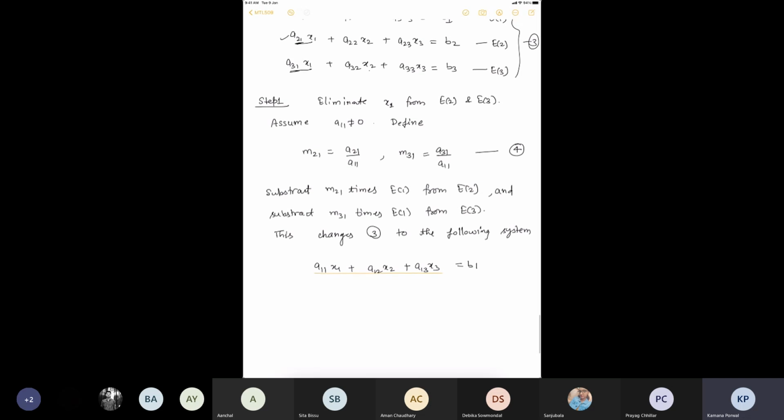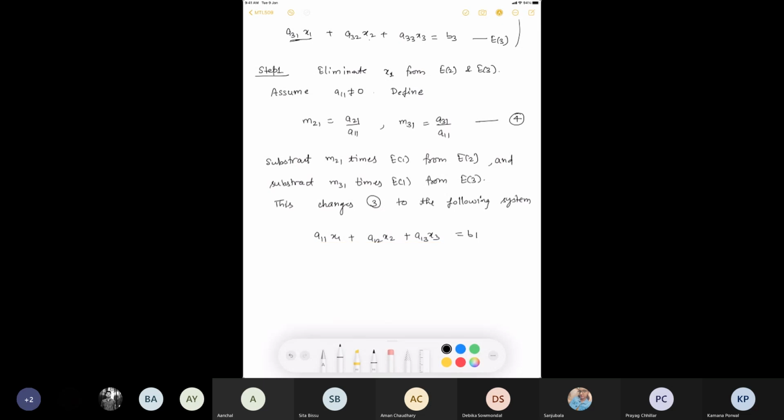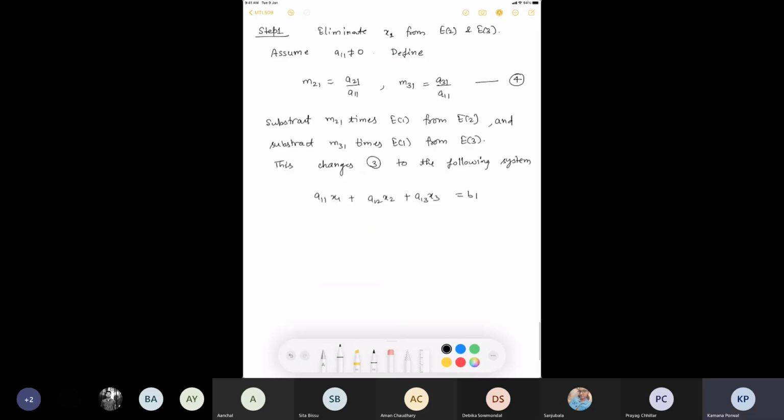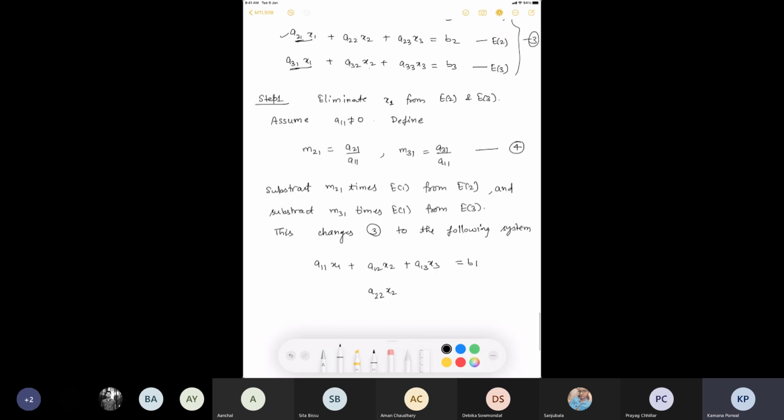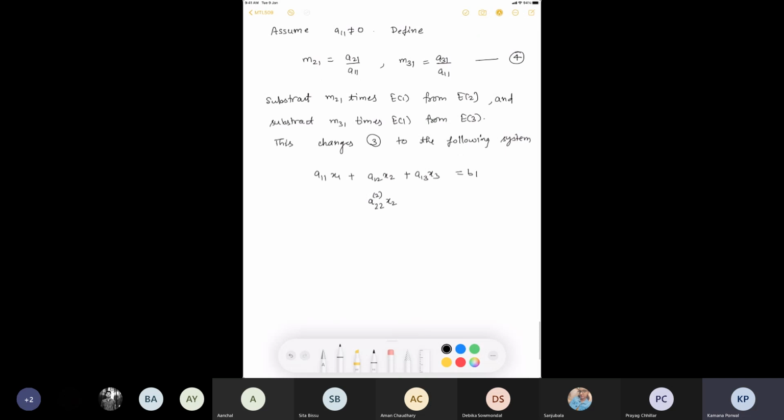Now I have eliminated x1 from the second equation, so I'm not going to have the coefficient of x1 here; rather, I'll have the coefficient of x2. And this is going to change, right? It will not be the same as the a22 we have here. So I'm denoting it by a22 with superscript (2), then a23 with superscript (2) x3, equals b2 with superscript (2). All the coefficients which have changed, I'm denoting with the superscript (2).